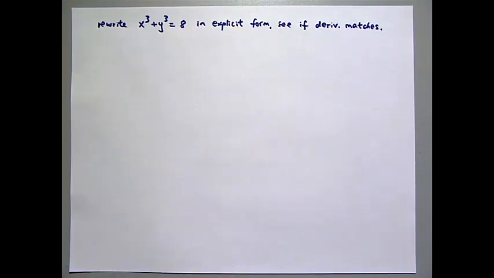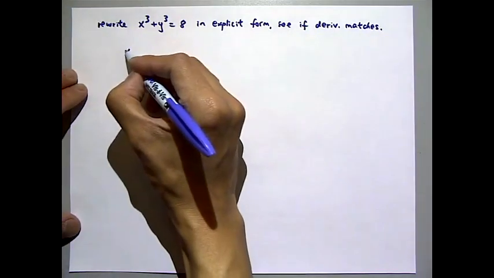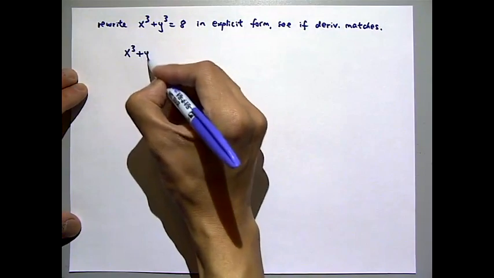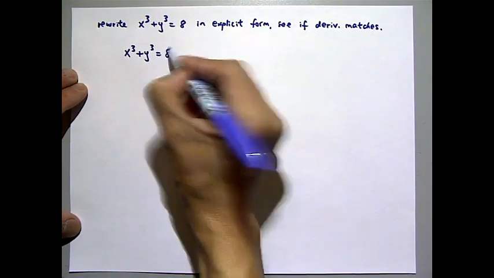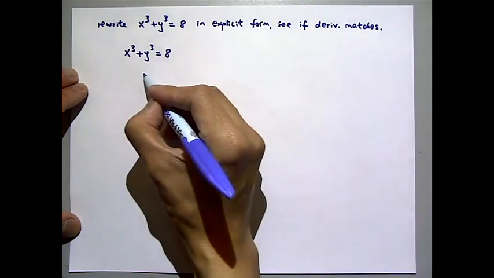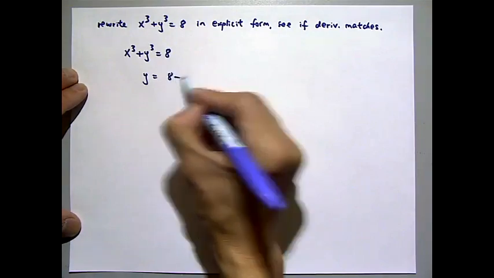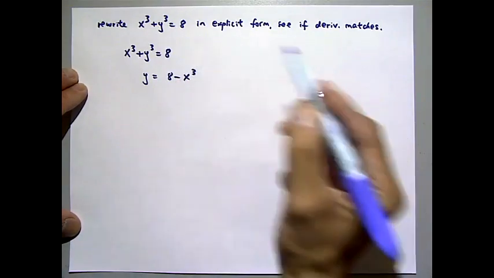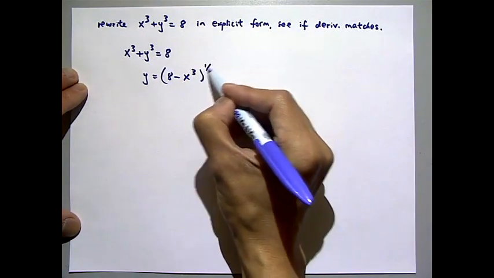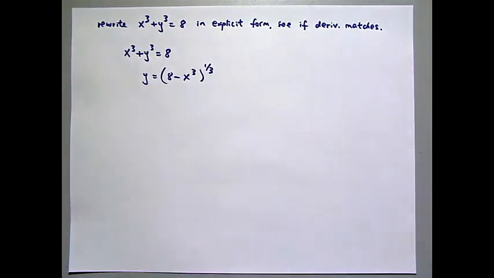Again, it's not always doable, but because we can do it for this one here, let's just see what happens. We start with that. So very, very easily, we rewrote it this way. y is equal to 8 minus x cubed, and then the cube root of that.